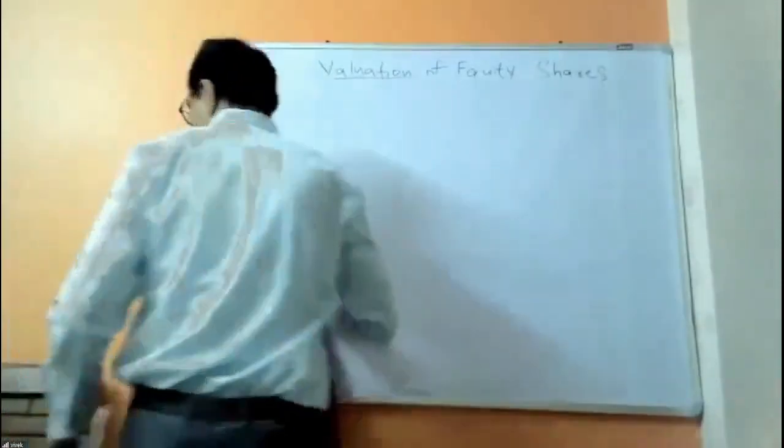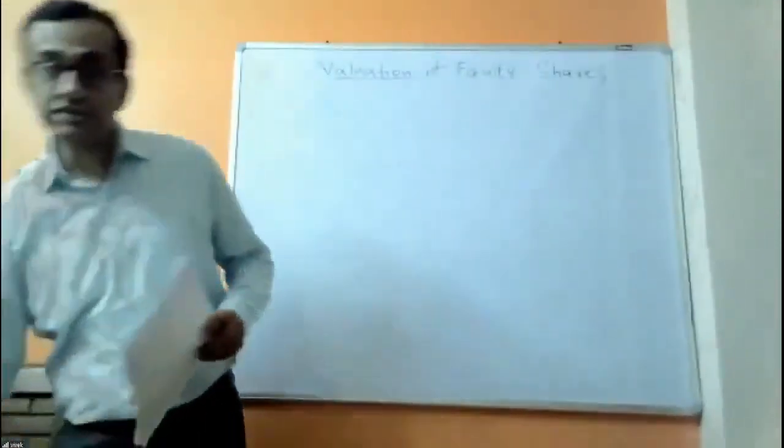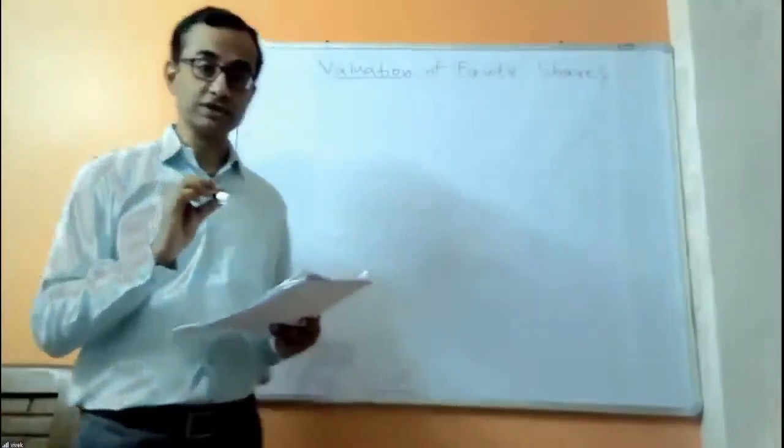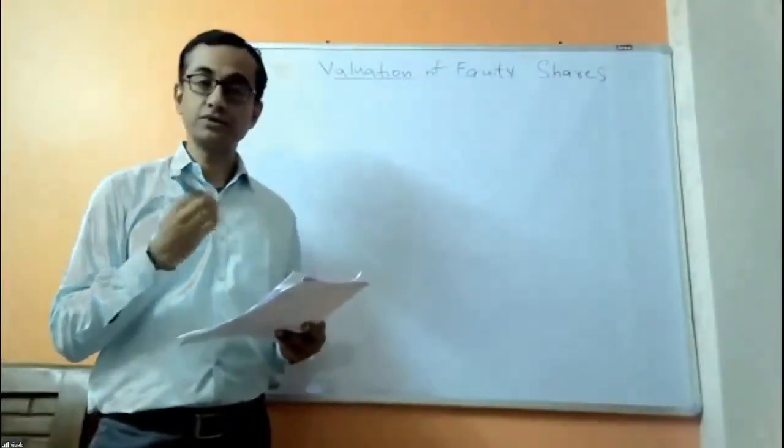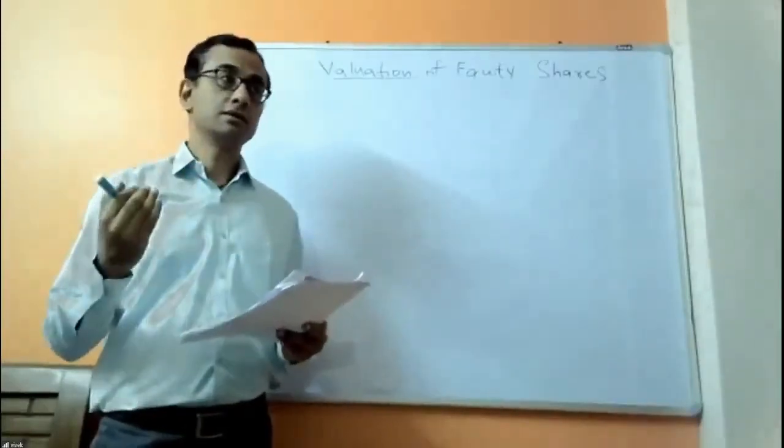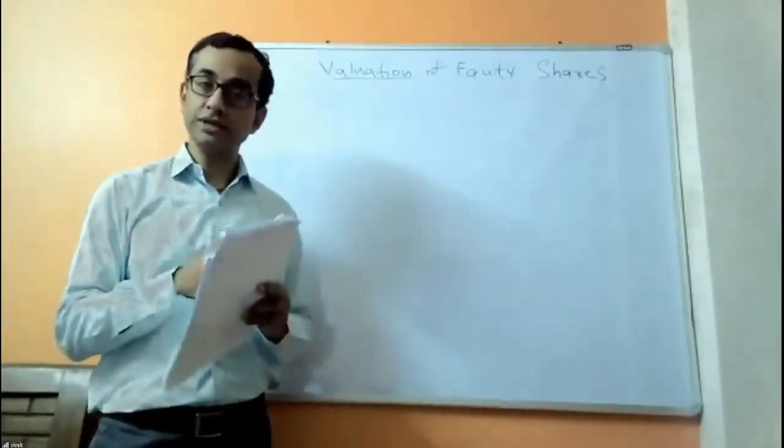In this two-stage discount model, we will first calculate it for the first 2 years, and then we will apply the perpetuity formula, because after 2 years it is assumed that the company will grow at 10% till infinity.